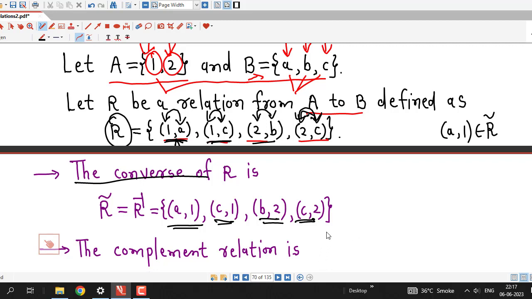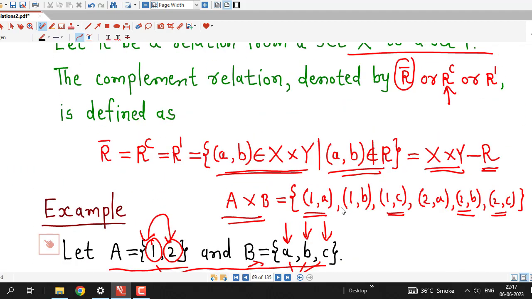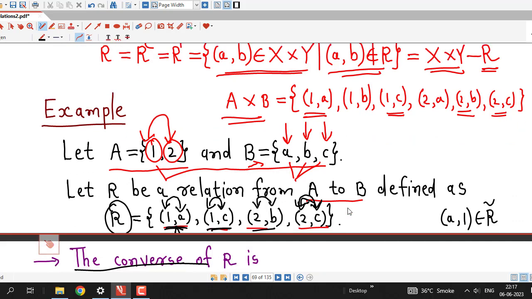Interchange the members in each ordered pair in a given relation to write down the converse of the relation. And to write down the complement of a relation, we have to consider the difference of A cross B and the given relation. So we already have A cross B. From A cross B I have to exclude those members which are present in R so that I can write down the complement of this relation R. So (1, A) is present in R, so it is not present in the complement of relation R. Similarly, (1, C) is not included, nor (2, B) and (2, C).